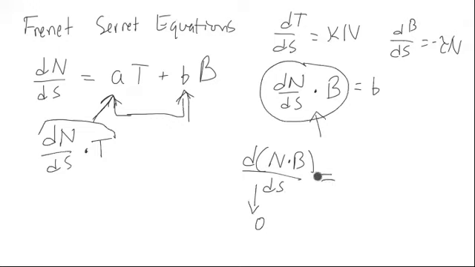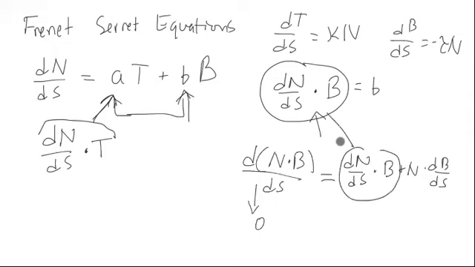But we can still do a product rule here: dN/ds dot B plus N dot dB/ds. So this quantity is actually what we're looking for, and we know this is 0. Well, do we know this one is another question?